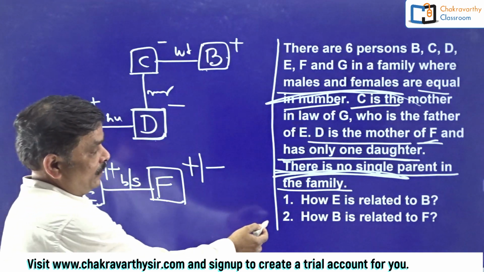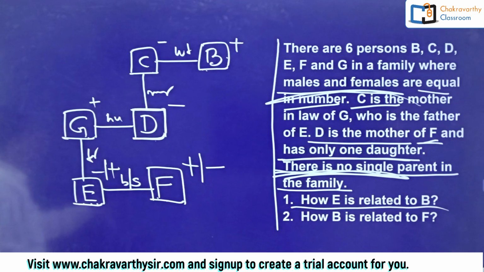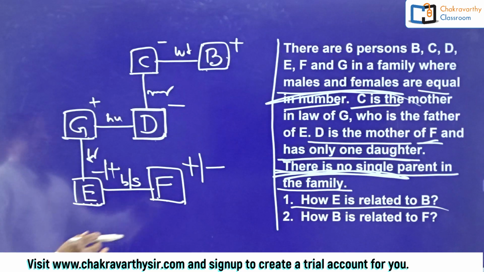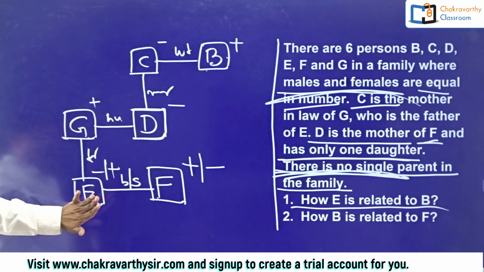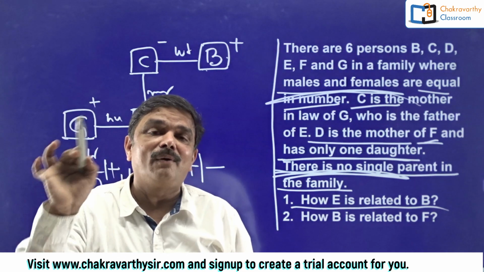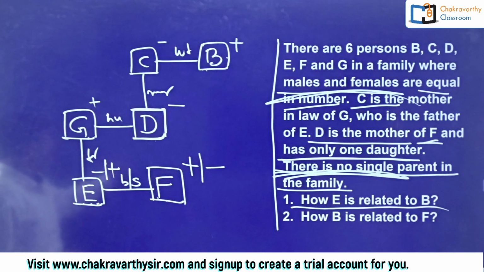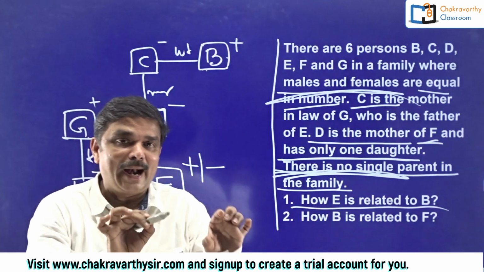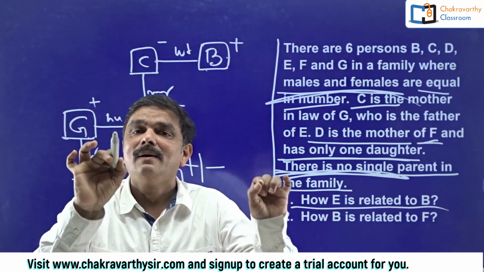Now go for the questions here. How E is related to B? See students, have to answer this one. How E is related to B? E can be grandson or granddaughter of B. I don't know the gender of E. Or if in the options it is given like grandchild, of course you can go for that one, grandchild as the right answer.